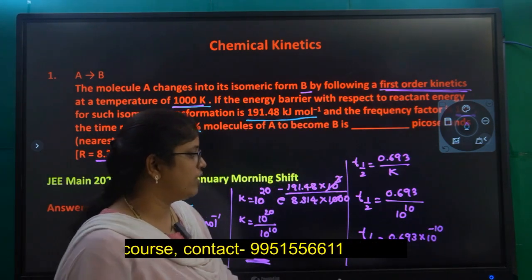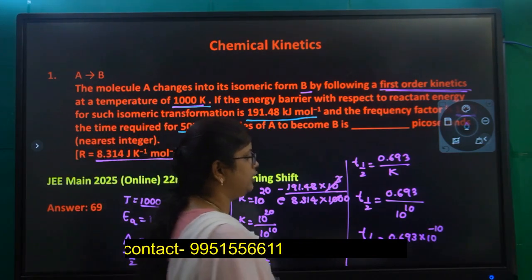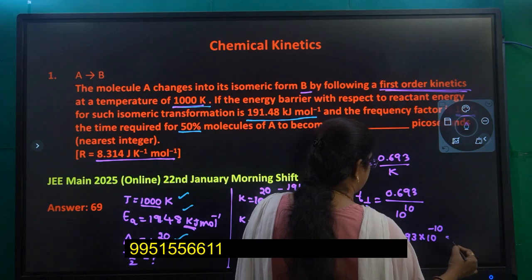So what is the half-life? It is 0.693 into 10 to the power of minus 10 seconds.